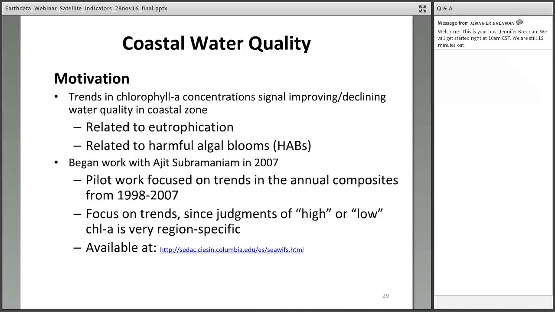We had some pilot work with a colleague here, Ajit Subramaniam, at Lamont Doherty Earth Observatory, and we looked initially just at annual average chlorophyll A measures, and we looked at the trends in those measures. Those data are being disseminated now by SEDAC.